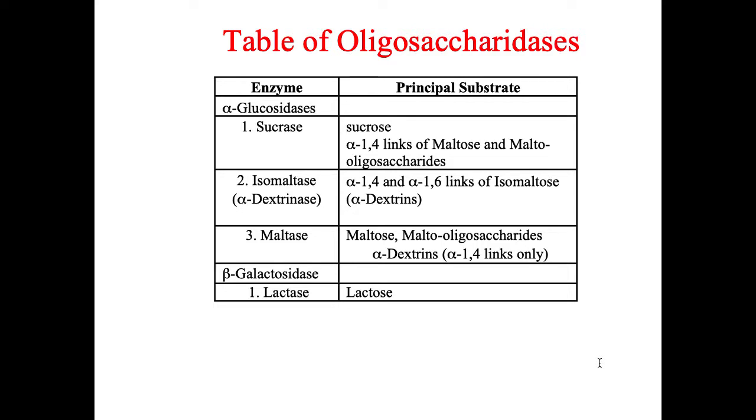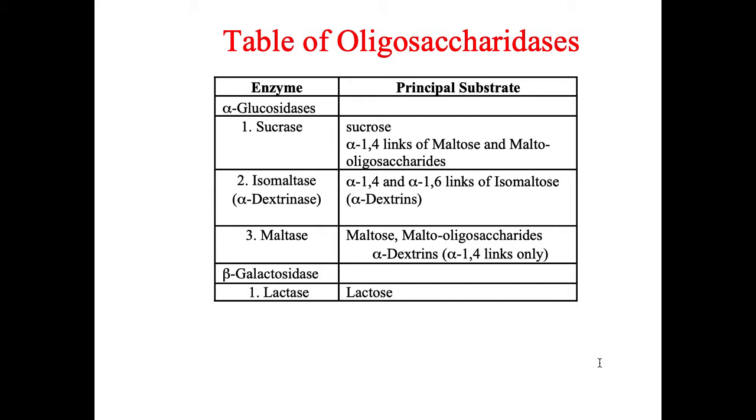So this table shows the enzyme and its type. In other words, enzymes 1, 2, and 3 here are 3 different alpha glucosidases. And you can imagine why they're called that. Their substrates have glucose and alpha glycosidic bonds.